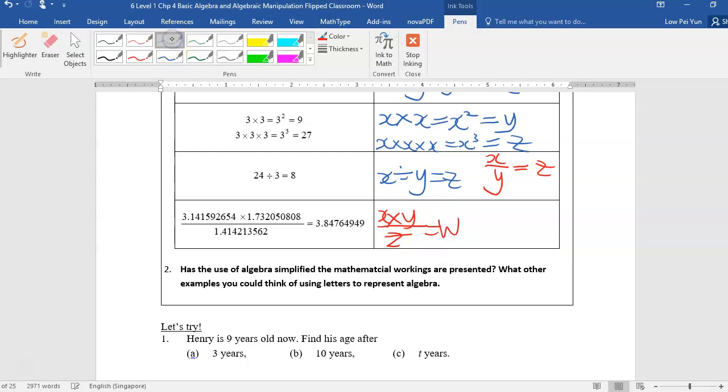Apologies, I didn't change my color. You can also write this as xy over z equals w. Has the use of algebra simplified the mathematical workings? Of course. What other examples could you think of using letters to represent algebra?